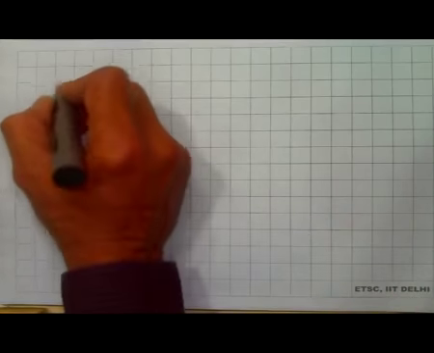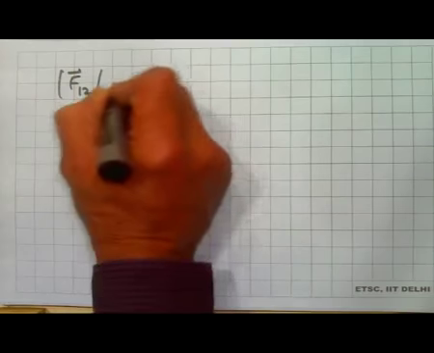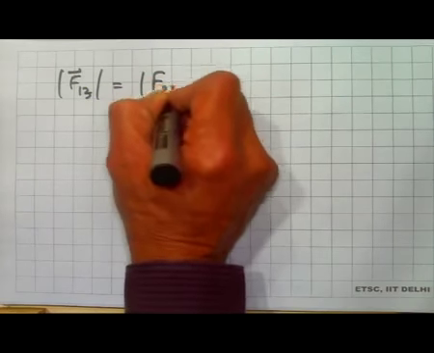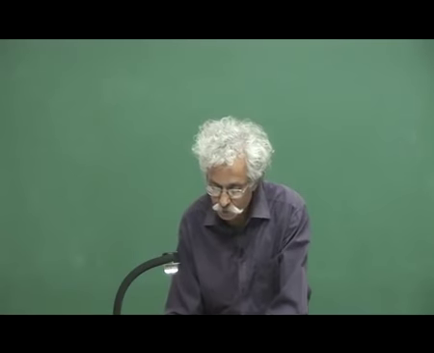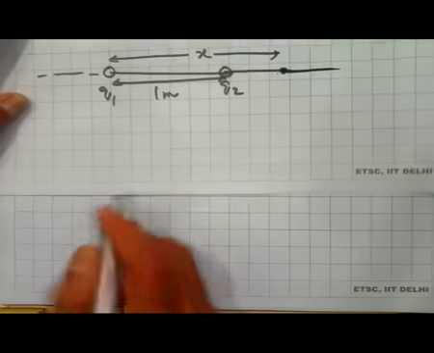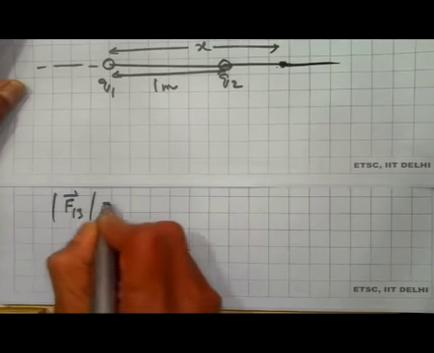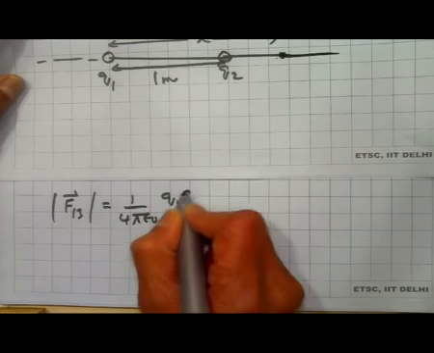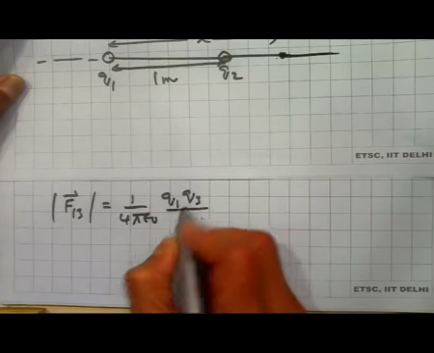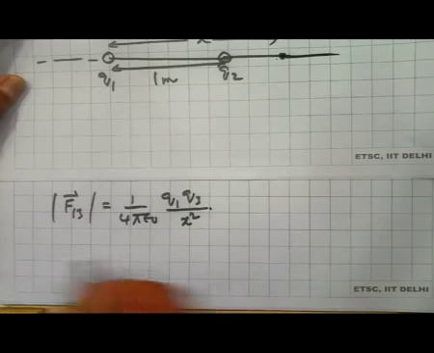So, I want to look at a point where F13 magnitude is equal to magnitude F23. So, what is the force because of 1 on 3? This distance is x. So, I will have F13 magnitude is equal to 1 by 4 pi epsilon 0 Q1 Q3 by x square. So, there is no x cap, this is the magnitude.